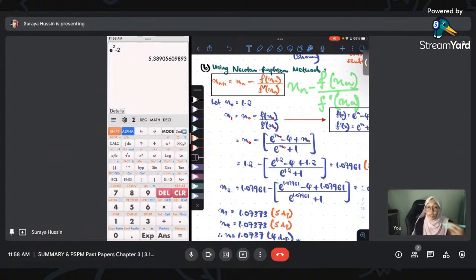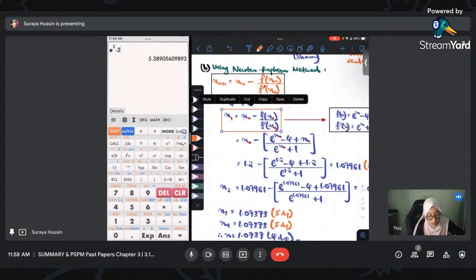So hafal, tulis banyak kali sehingga kamu hafal, tangan yang bergerak, that's amazing. Okay, and then this is not let, this is given to you. Given to you x naught is 1.2. So your job is to get x1.